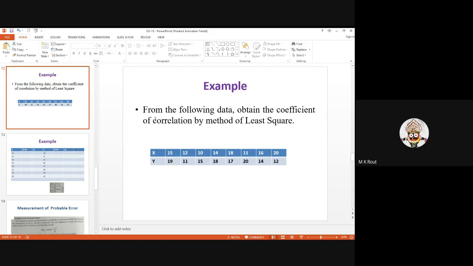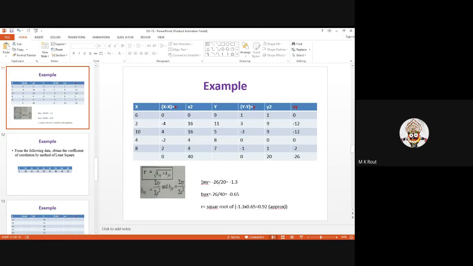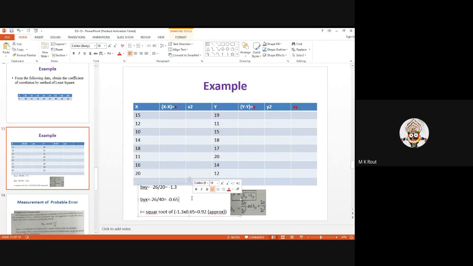Just a minute. Just hold on a second. Try to solve this one.